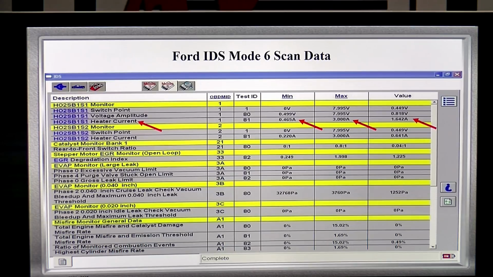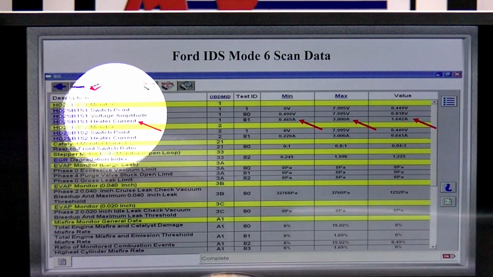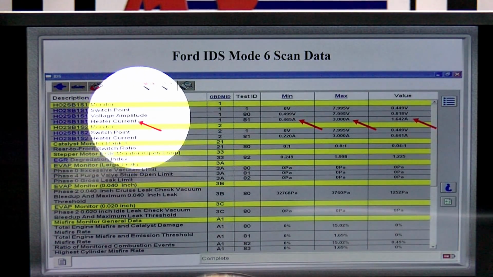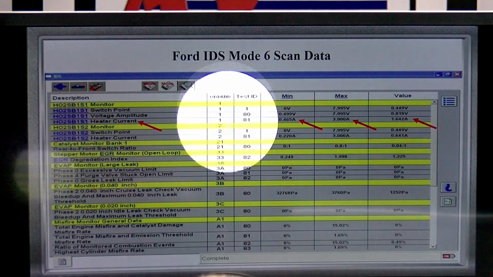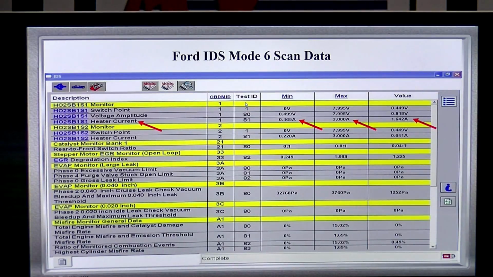Now let's look at Mode 6. This is off an enhanced scan tool on the generic side. Ford IDS is the Ford factory scan tool made by Teradyne. The reason I put this one up here is it's easier to read when it comes to the heater current. So let's look at heater current. This would be the monitor ID. There's the MID, the monitor ID, the test ID, and the component ID.